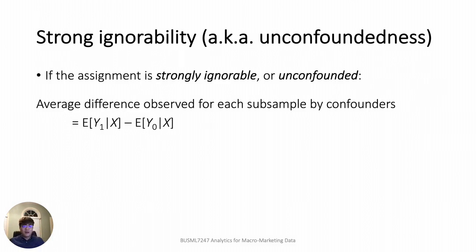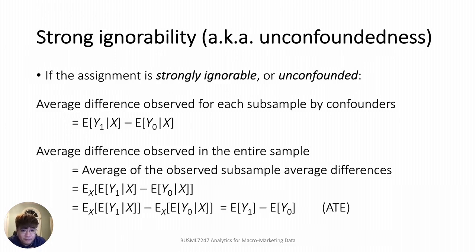And then, by the law of iterated expectation, the average difference over the entire sample becomes the unbiased estimate of the ATE, the causal effect unconditional on both the assignment and the confounders.